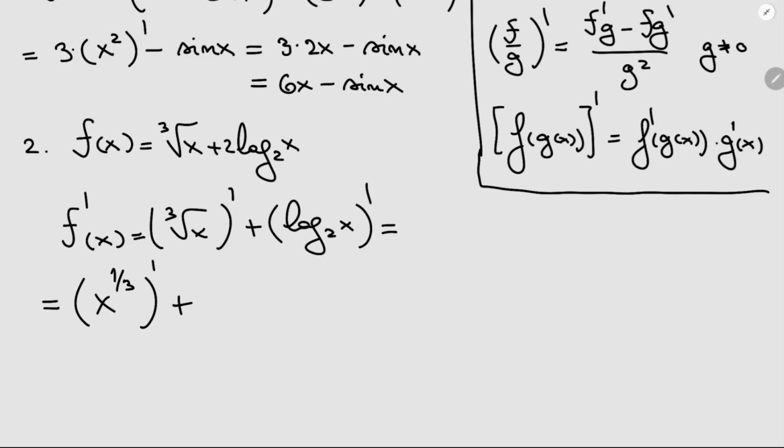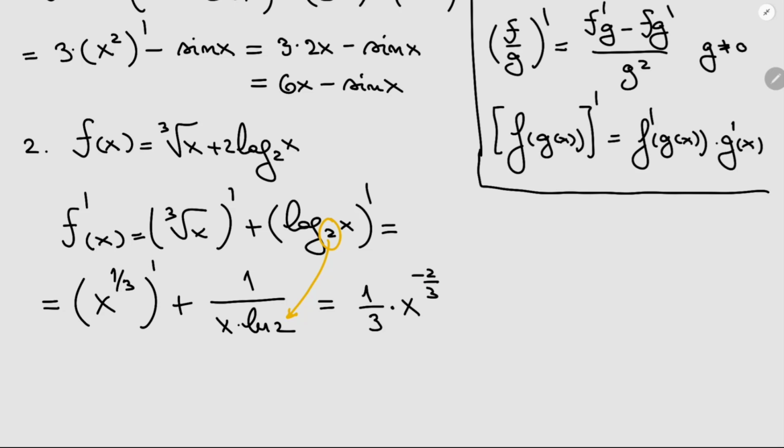And for the next one, the logarithm, the formula is just 1 over x times the natural logarithm of whatever base there is. So if we have base 2, then we get the logarithm of 2. And the first one, using the power rule, we would just get 1 over 3 times x to the minus 2/3.